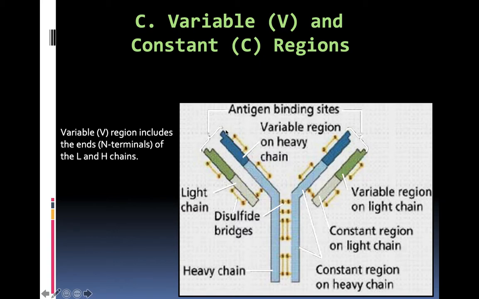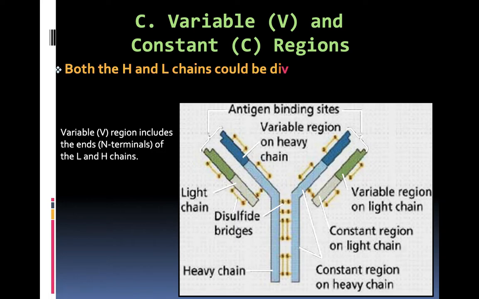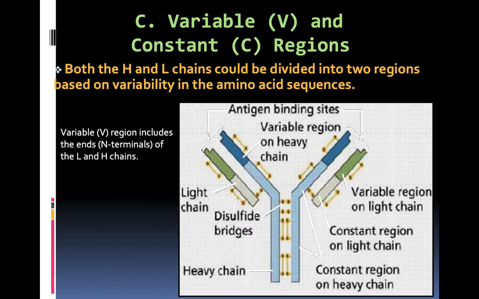While the ones found near the Fc region comprise our constant region. Okay, the end portion of each polypeptide is the carboxy terminal. So I mentioned this already.